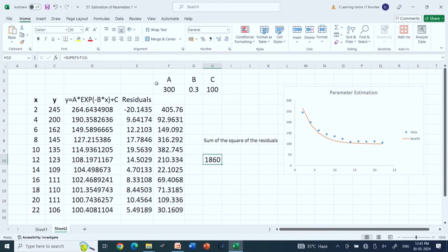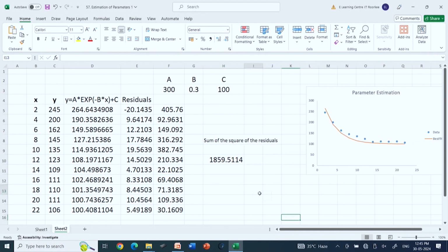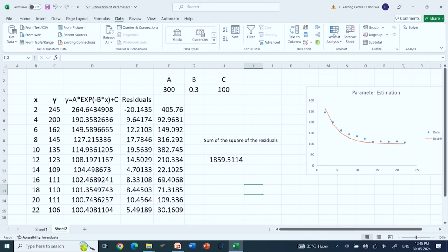Now, according to the theory, I have to minimize the sum. For that, we use Solver. Go to Data and you will see there is a Solver here.